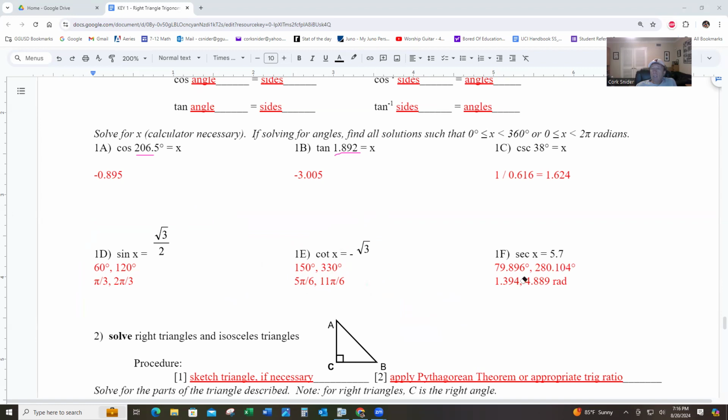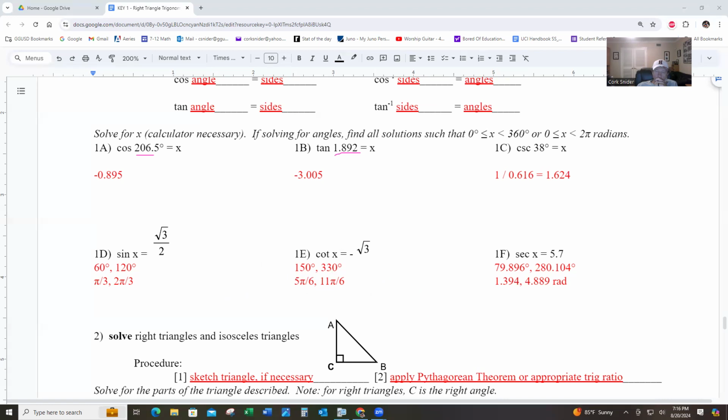All right. This is a radian one. This is a radian. So, and you can tell it's radians. Well, actually, I'm going to leave it like that, 5.7. I'm going to make it degrees. Okay. Which is fine. So secant of some angle is 5.7. All right.